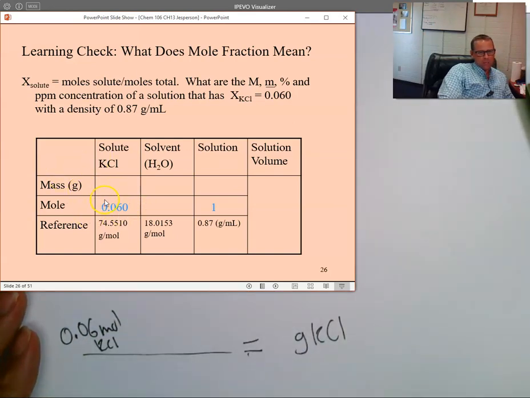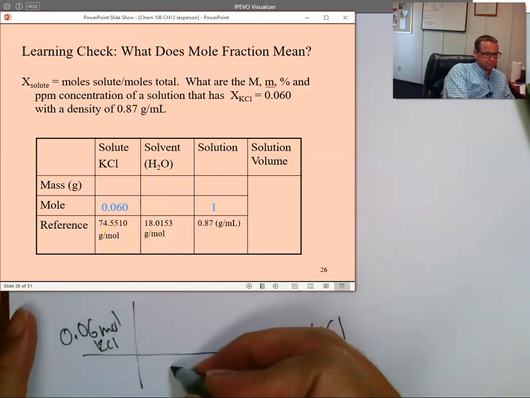It's mole fraction. All right. So what do I got to do here? Are those always constant? 74.55? This is just for KCl, right? We've been dealing with lots of solutions of KCl, and this is the molar mass for KCl. Oh, okay. Thank you. So we need the moles to cancel.